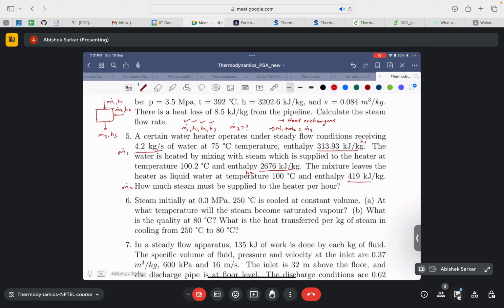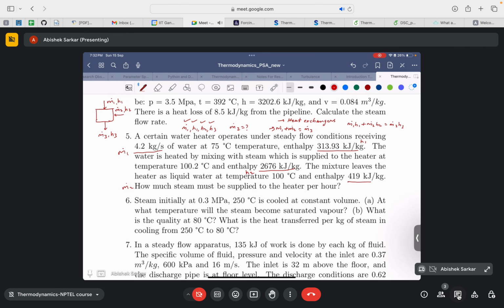Use the governing equation for a heat exchanger. If you recall, it was something like m1 dot h1 plus m2 dot h2 will be equal to m3 dot h3, right? Why?